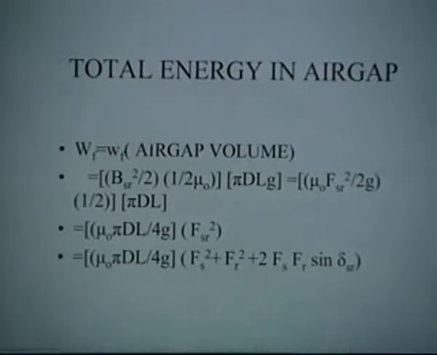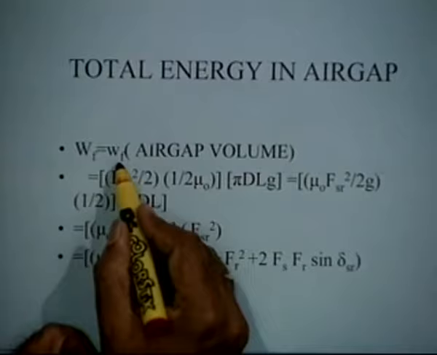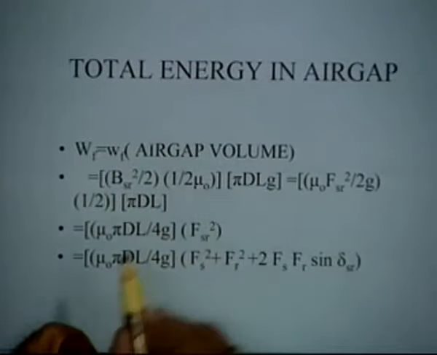We have seen the average energy density in the air gap. When we know that, the total energy is the average energy density into the total volume of the air gap. So the total energy in the air gap, W_f, is that average energy density into the volume of the air gap.